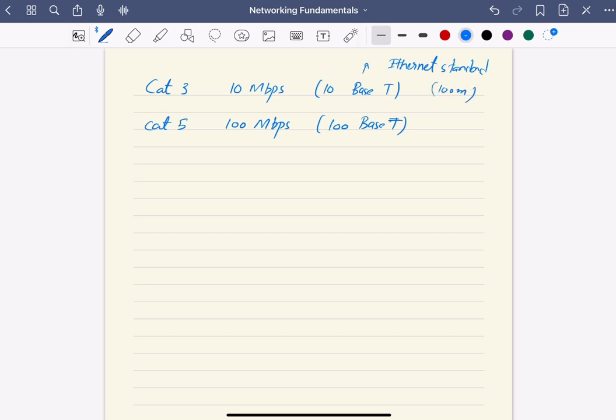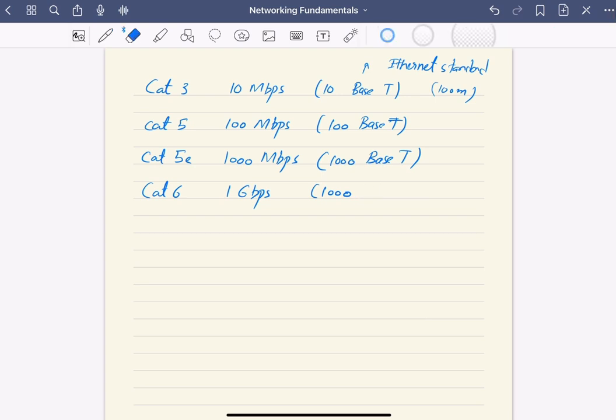Then we got another extension of category 5 cable, and we can get up to 1000 Mbps, and this is 1000 Base T. Then the category 6 cable, which basically provides up to 1 Gbps data rate, and this is again 1000 Base T. And this distance could be 55 meters if, for example, it is providing a 10 Gbps rate.